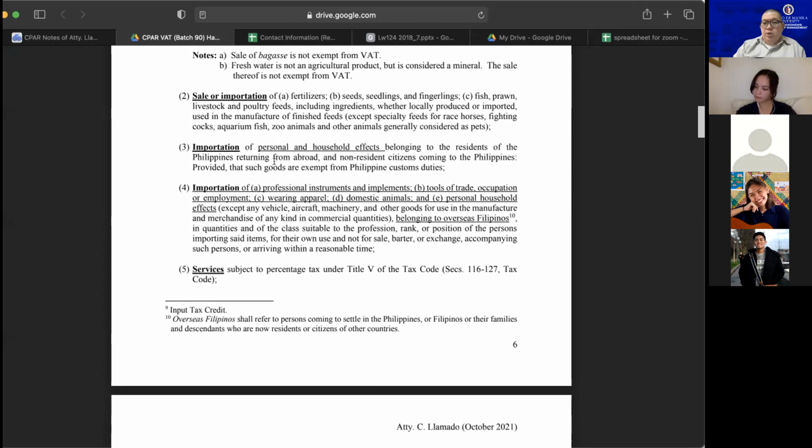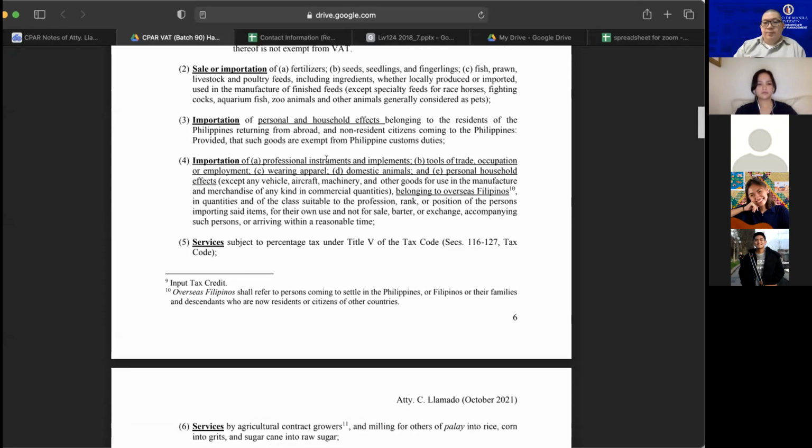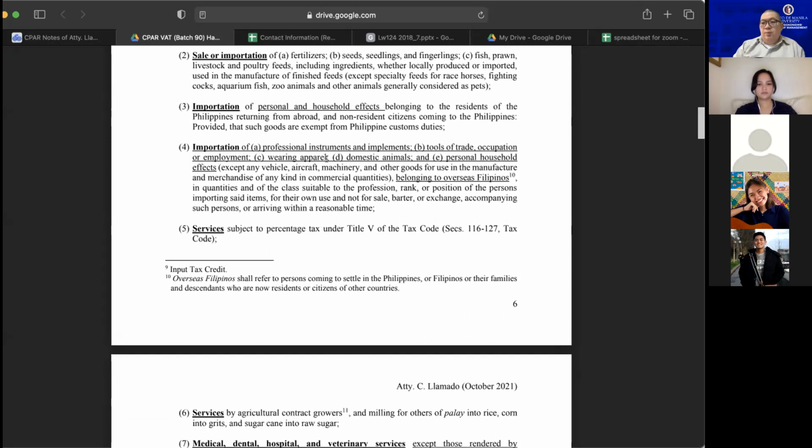Then importation of belongings to residents of the Philippines returning from abroad or transferring here, their goods are exempt from VAT. So ito yung mga kaya maraming ambassador, consul, etc. Pag uwi nila sa Pilipinas, nagdadala sila ng mga kotse.